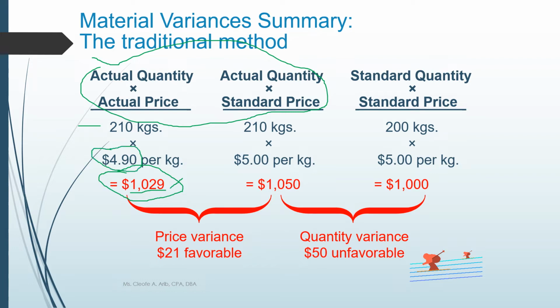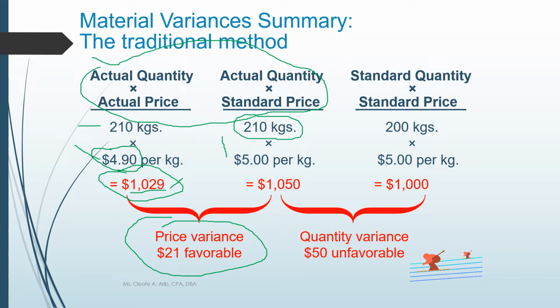4.9. And then actual quantity times your standard price. Your actual quantity, you used up 210 kilograms, but based on your standard, you should have spent how much? $5. But in actual, you spent only 4.90. That's why your price variance is favorable.